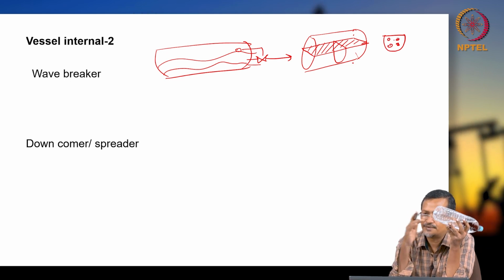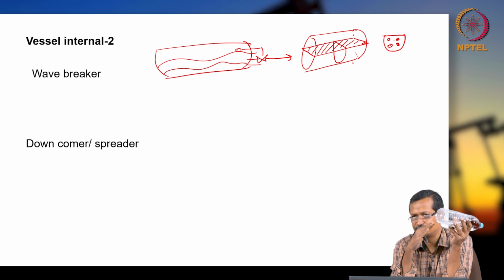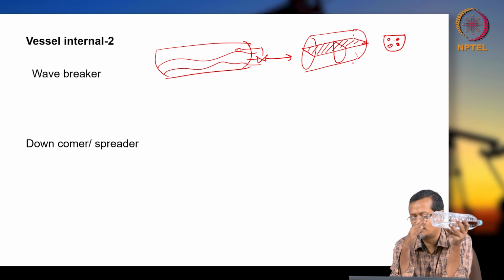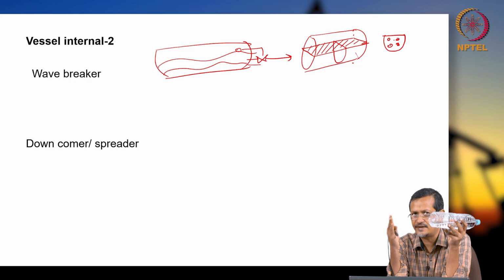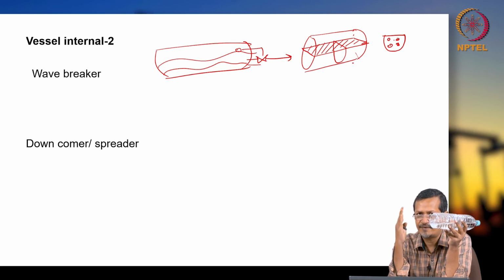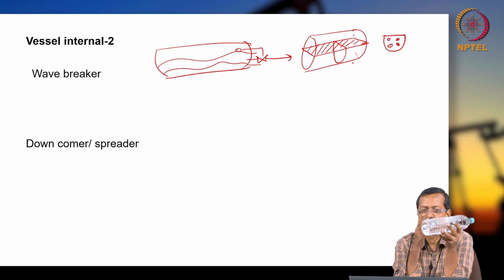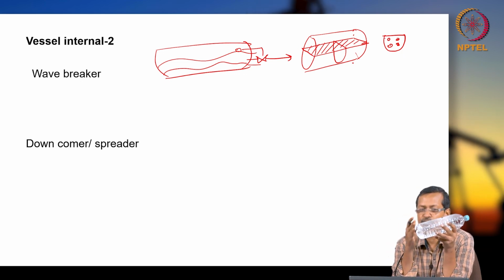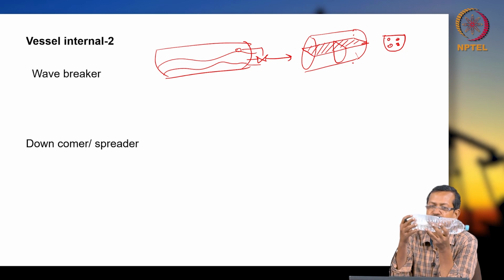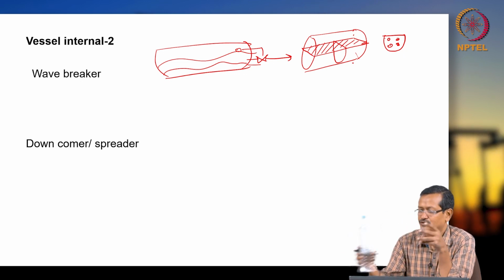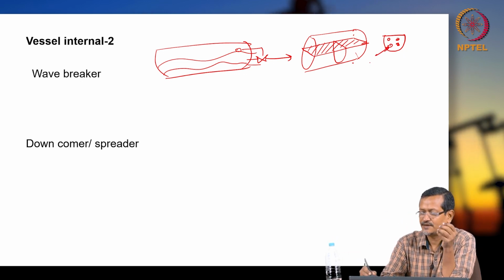So you create resistance when fluid is trying to move freely from one point to another. You are giving some baffle plate or vertical plate, and you give lots of pores. So fluid will pass through this, but it will pass slowly, so it will not have so much motion inside the vessel. So you are creating resistance.